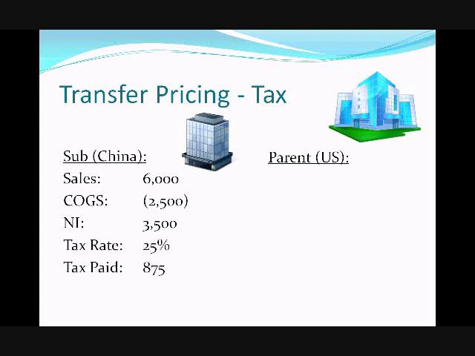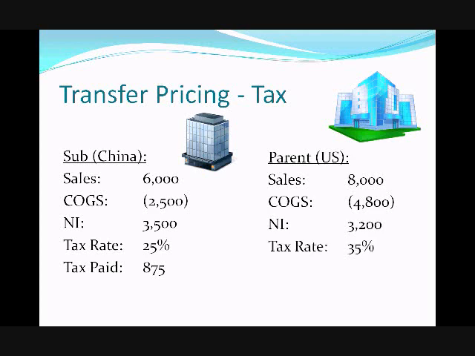The parent company will have sales of $8,000, cost of goods sold of $4,800, net income of $3,200, a tax rate of 35%, and taxes paid to the U.S. government of $1,120. Each of these entities will recognize the gain on sale in the year of the transaction because they do not file a consolidated tax return.